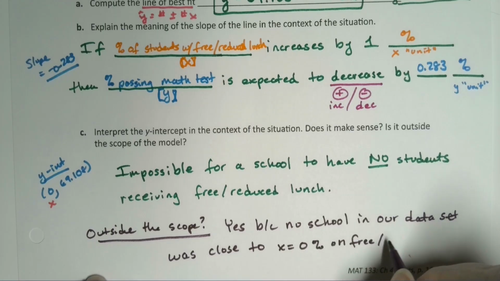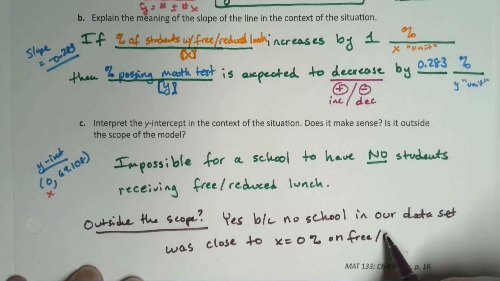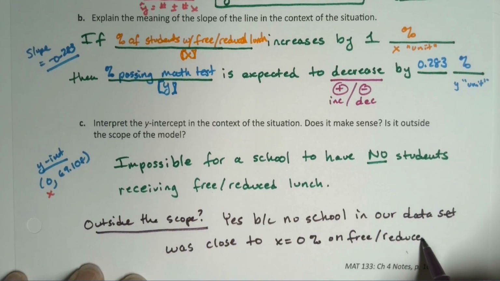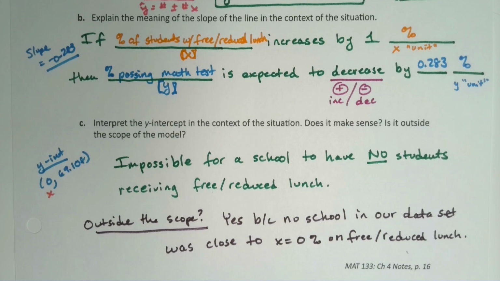So I'm kind of mentioning what it is, right? Nobody was close to that. And it's usually the x in particular that makes it outside the scope of the model. The y, 69, we had some numbers in the high 60s, so that's not really the problem. The problem is the x, right? You can't have x be 0 and have it make any sense.